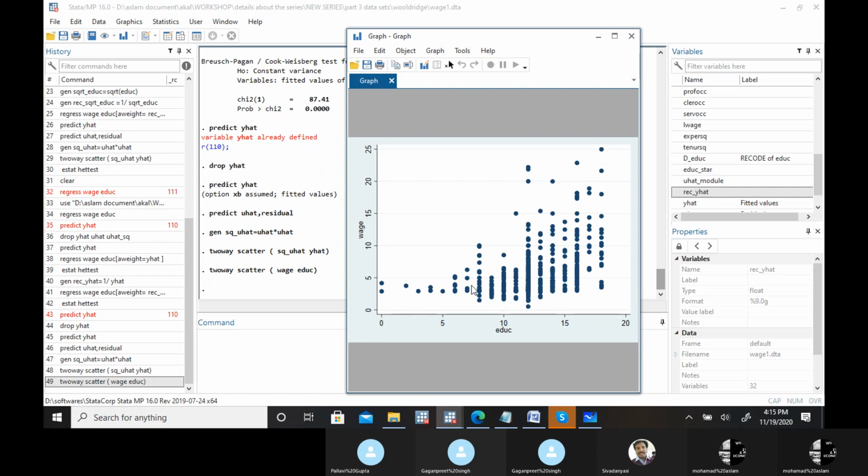Although I told you in the dummy variable case, this particular case is actually of two different regression lines. If you remember that case, the slope is not constant. We have to run two different regressions.